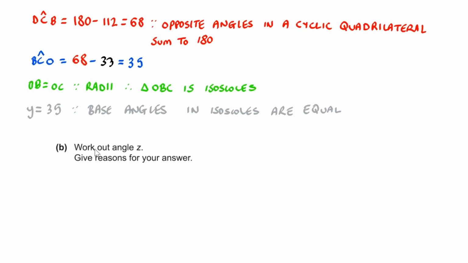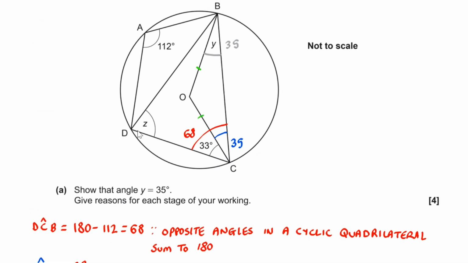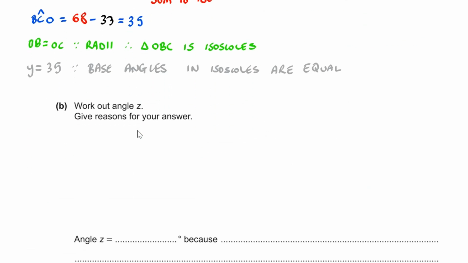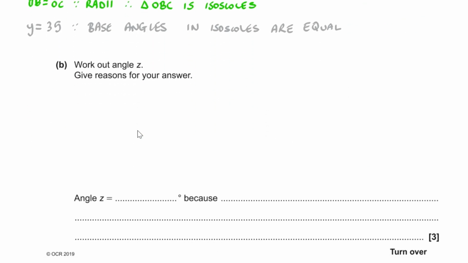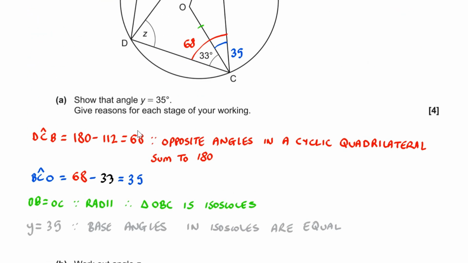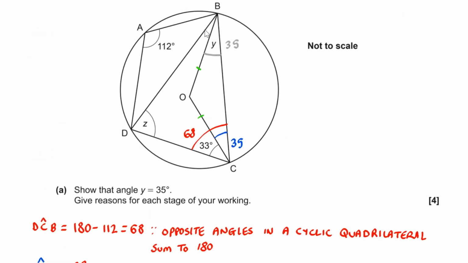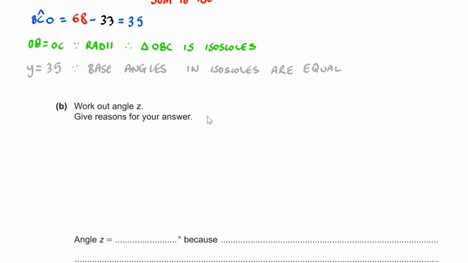And now for part B, we have to work out the size of angle Z, which is over here. Give reasons for your answer. Well, over here, we have a triangle. Actually, what we can do is work out this angle, the angle BOC.